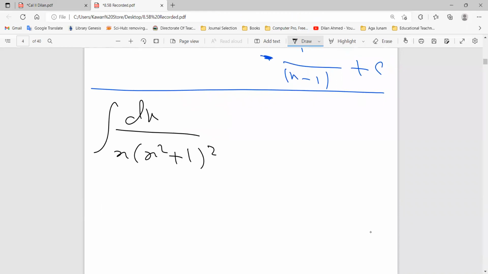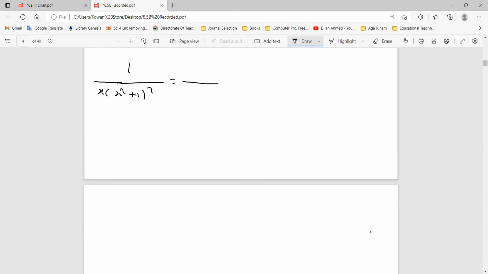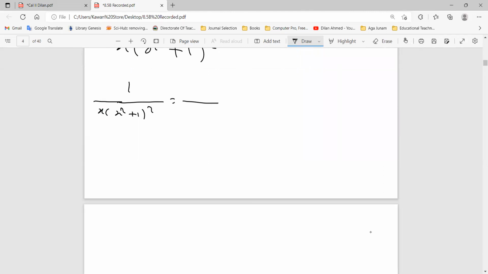First of all, I'm going to change x squared plus 1 over 2 to what? Tell me about the fraction of that one. For a, this is a over x, right?